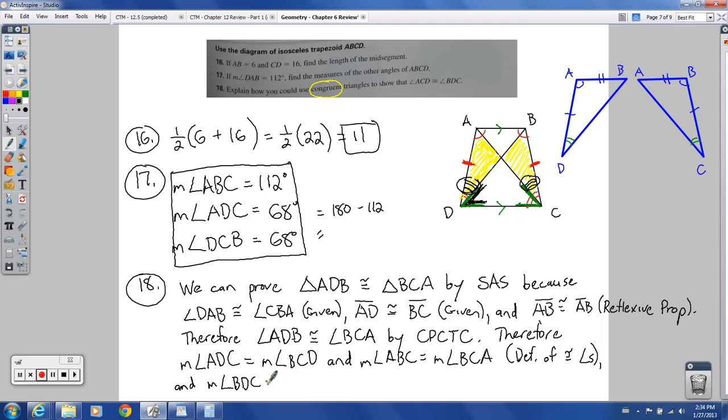So measure of BDC equals the measure of ADC minus the measure of ADB. So here's ADC minus ADB.